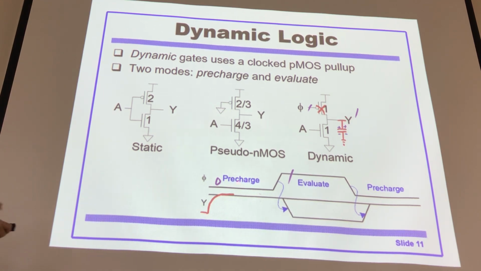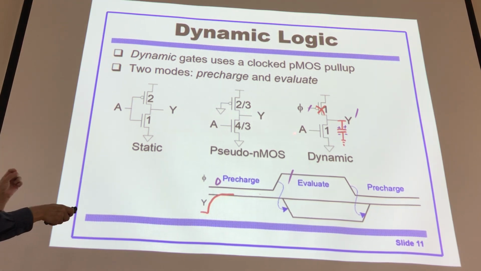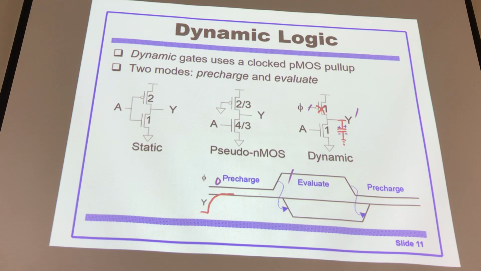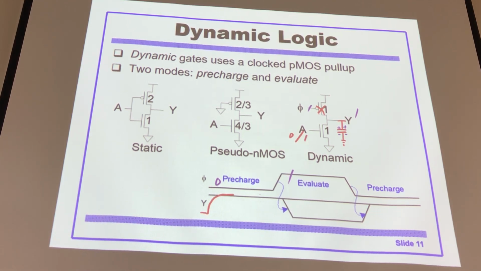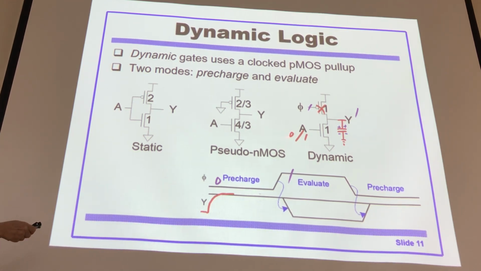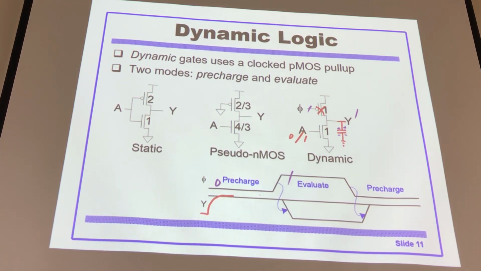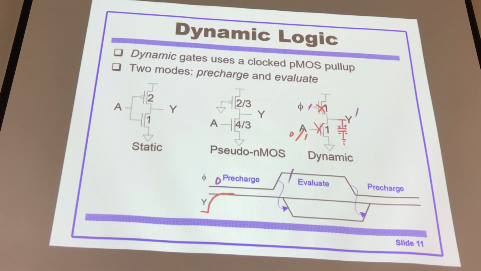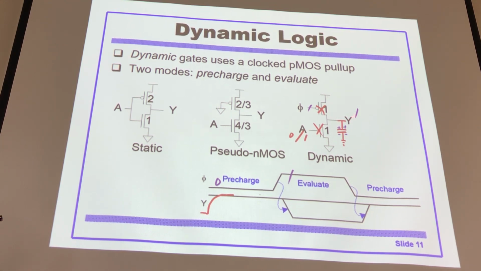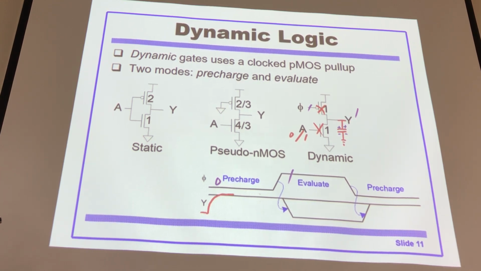After that, the clock signal becomes 1. You try to evaluate the value of the circuit. So it depends on the A value, either 0 or 1. If A is 0, the NMOS is off. Then your output will keep the value high. It's still high, because there's no current to discharge the capacitor. You keep high.